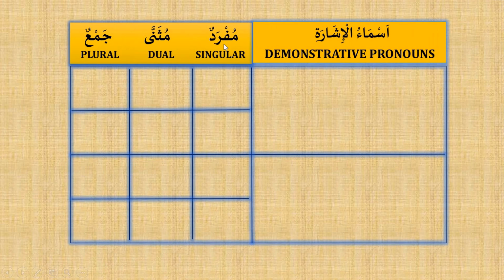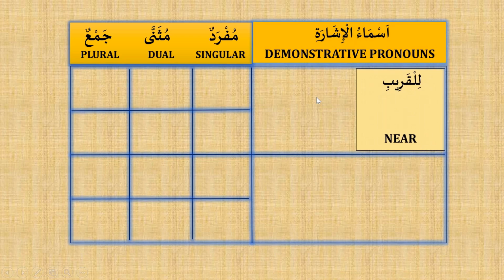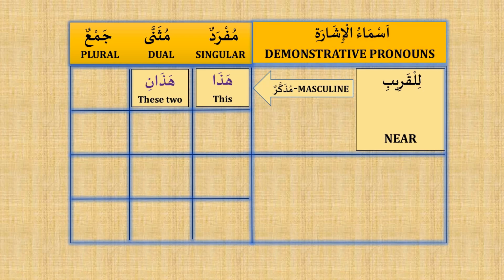Now we have singular, dual and plural demonstrative pronouns. And the first is للقريب, near demonstrative pronouns. مذكر masculine pronouns are هذا, this, هذان, these two, هؤلاء, these, more than two objects or persons.